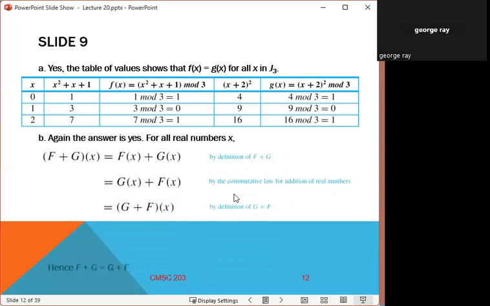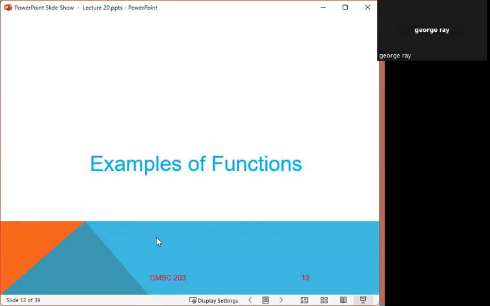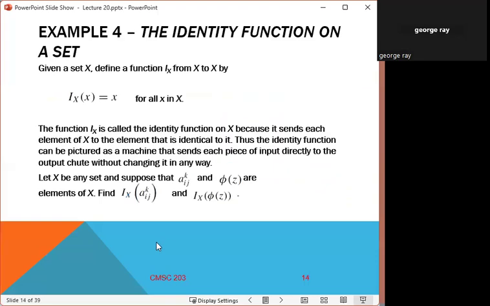Okay, and just the f plus g is equal to g plus f, and this is a short proof of that. Okay, let's look at some examples of functions. There's an identity function that takes a function to itself. So whatever you start with, that's what you get from your identity function.